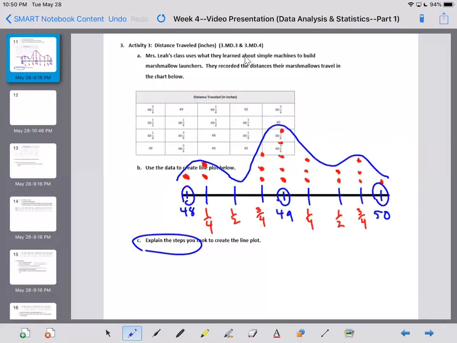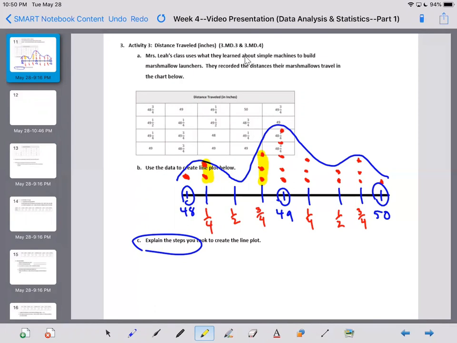So we see we've got three that traveled 48 and 3/4, and you got two that traveled 48 and 1/4. So we only had one marshmallow that traveled more than the 48 and 1/4. So the 48 3/4, 48 1/4, there was only one more.